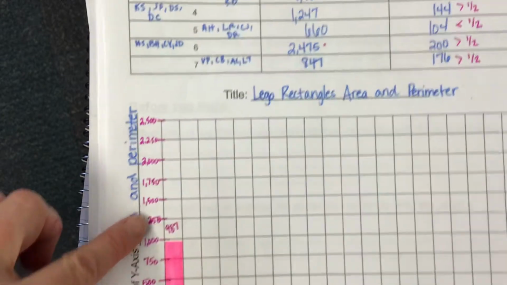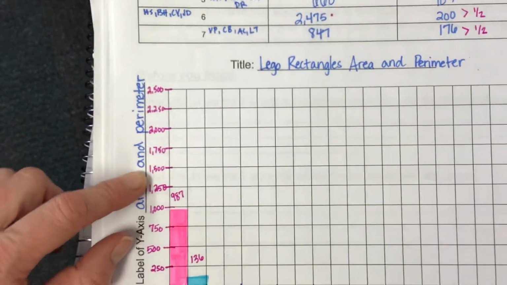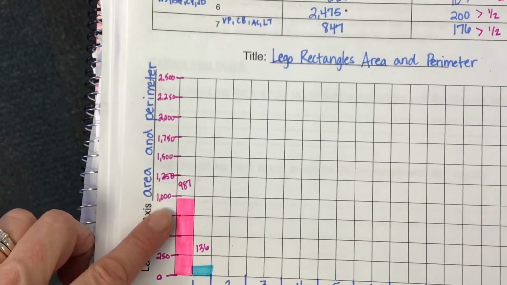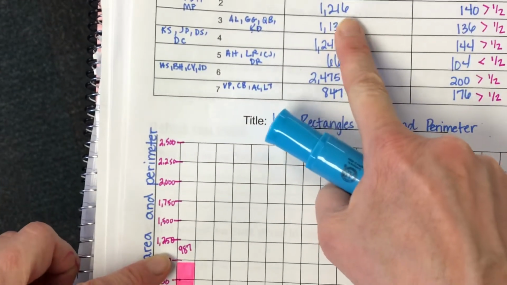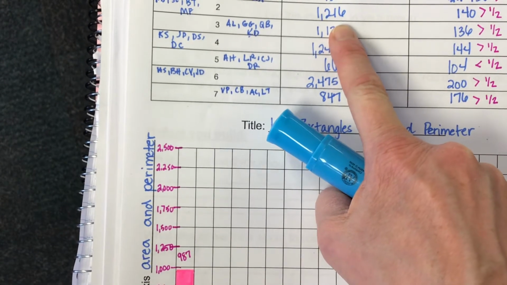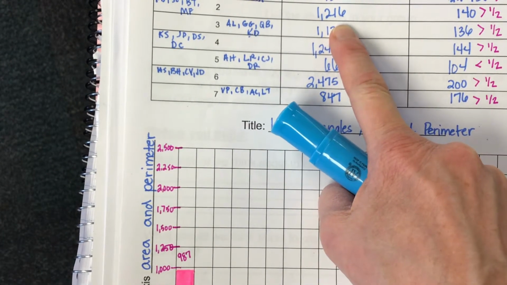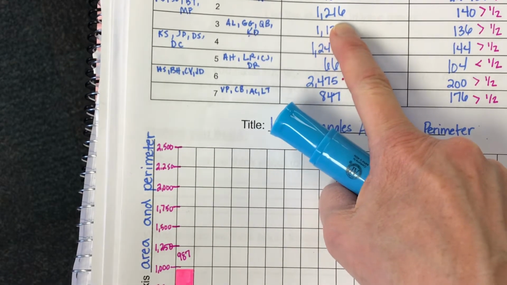1,216. Well, here's 1,000. Here's 1,250. Okay, 1,125 would be halfway between. Is 216 more than 125?